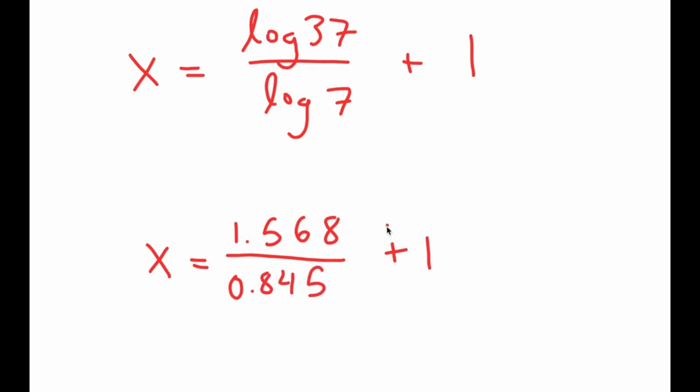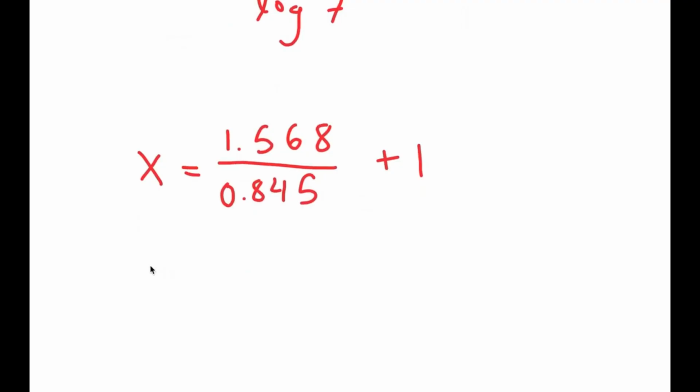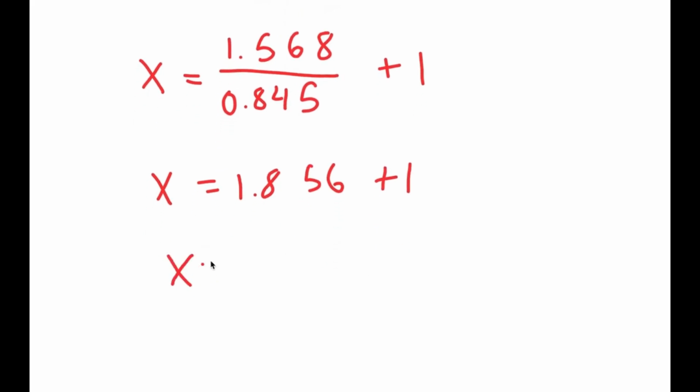So now, log of 37 over log of 7 is equal to 1.856. So I have this plus 1, which is equal to 2.856.